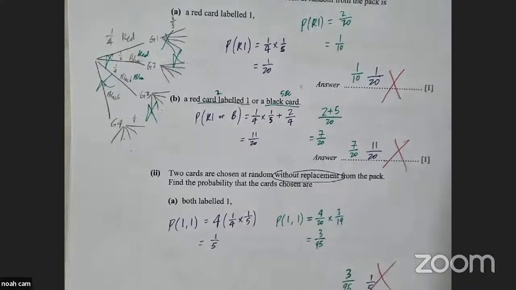All 5. That's how we ask the question, right? Denominator, numerator. Out of the 20 cards, how many are red card label 1? 2, right? But next time is 2 over 19 if it is BR1, because you know it's out of 19 cards. That's it.